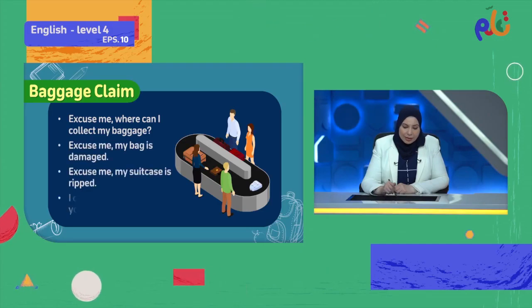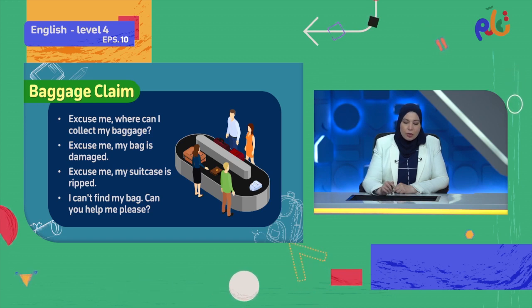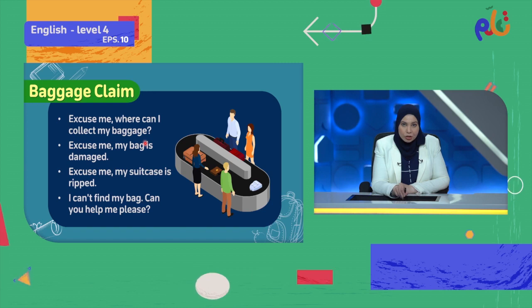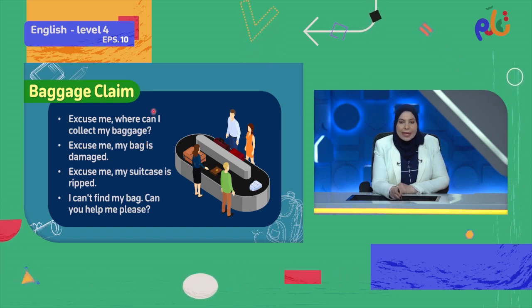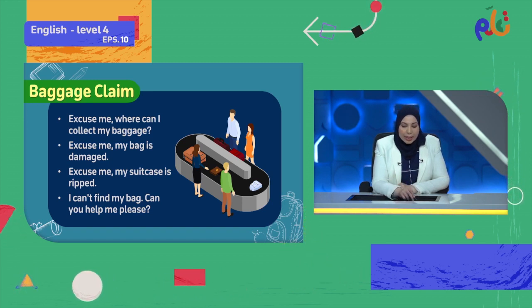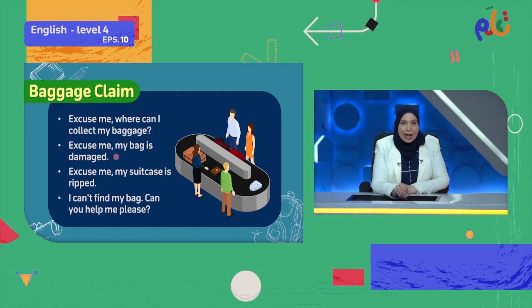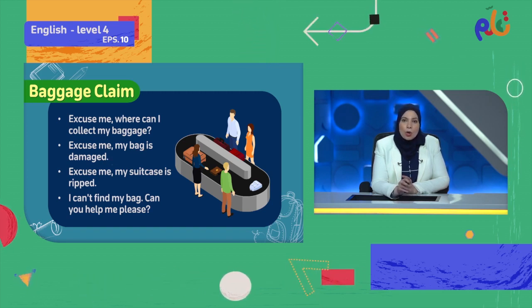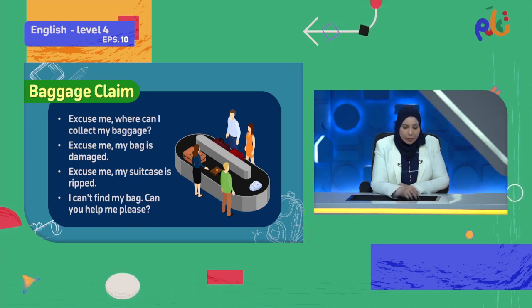And for the baggage claim, we have different statements that we might use. So we have here, excuse me, where can I collect my baggage? So this is said by the passenger or the claims officer. Here we're talking about the passenger. Or, excuse me, my bag is damaged, which means I have broken stuff in my bag, or we have problems in my bag.